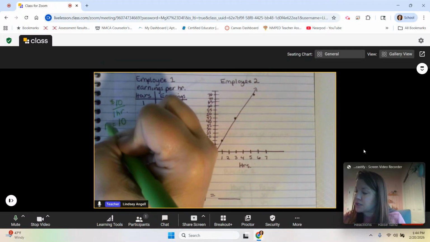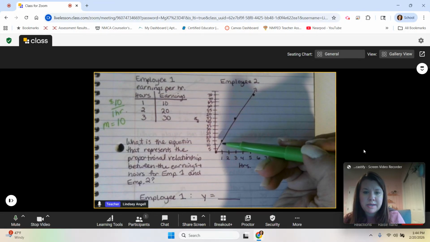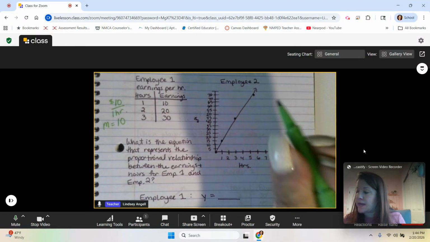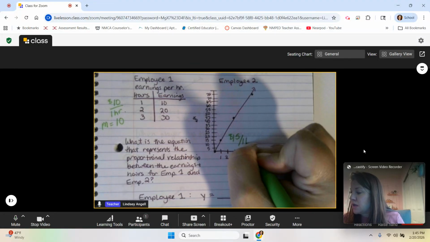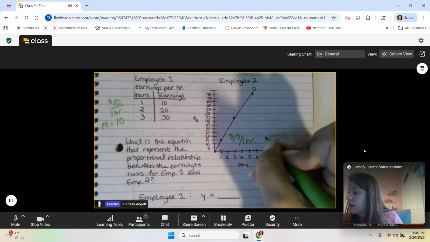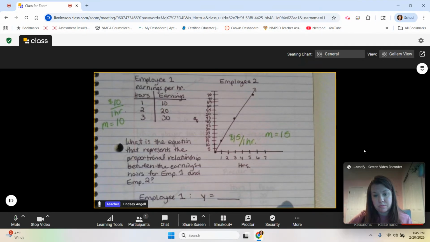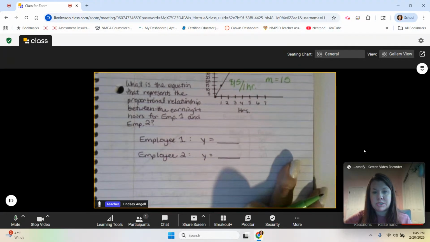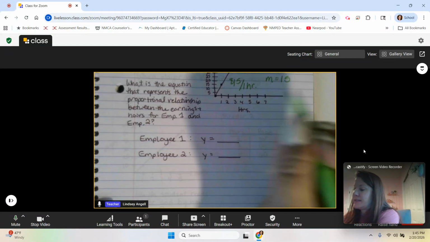Over here, and actually we'll write M for slope. Over here, the 1 lines up with the 15, right? So what that tells us is it's $15 for 1 hour, or the slope is 15, okay? So when it comes to the equation, we didn't look at equations like this yesterday, but we did in previous lessons.